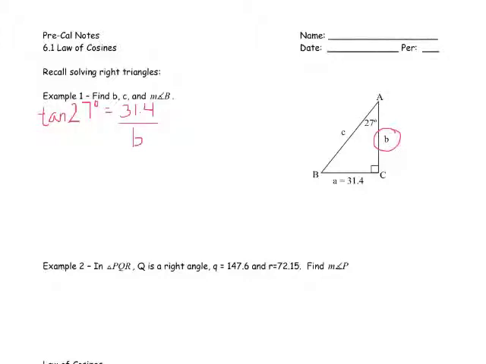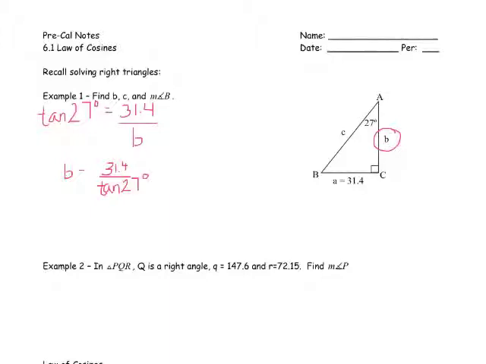Okay, and then something that we talked about last semester when we were doing these types of problems is that if your variable is in the denominator, perhaps the fastest thing to do is just to switch these two things. So that means that b is equal to 31.4 over tangent 27.